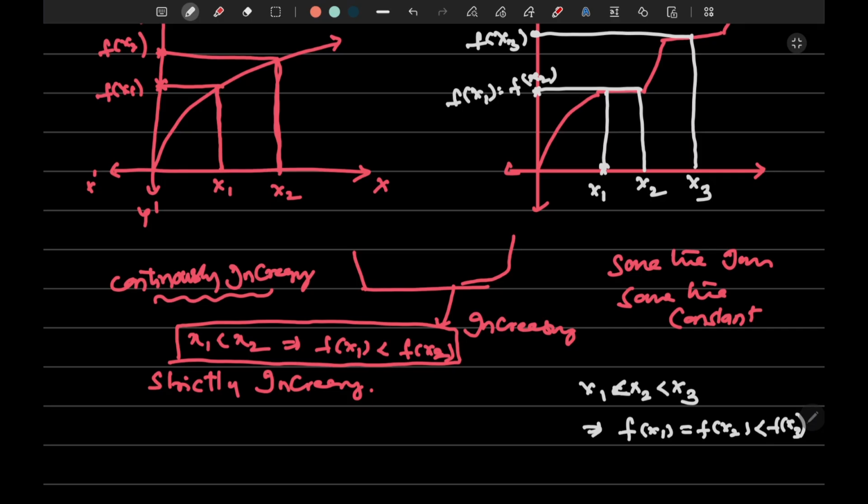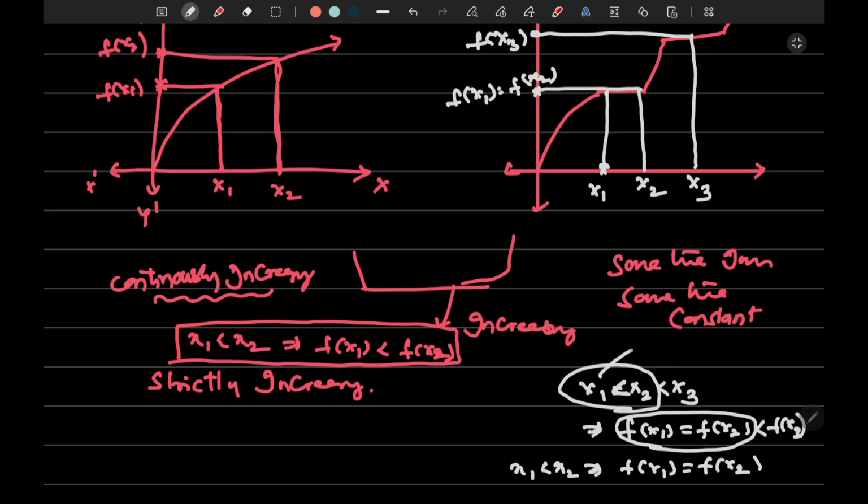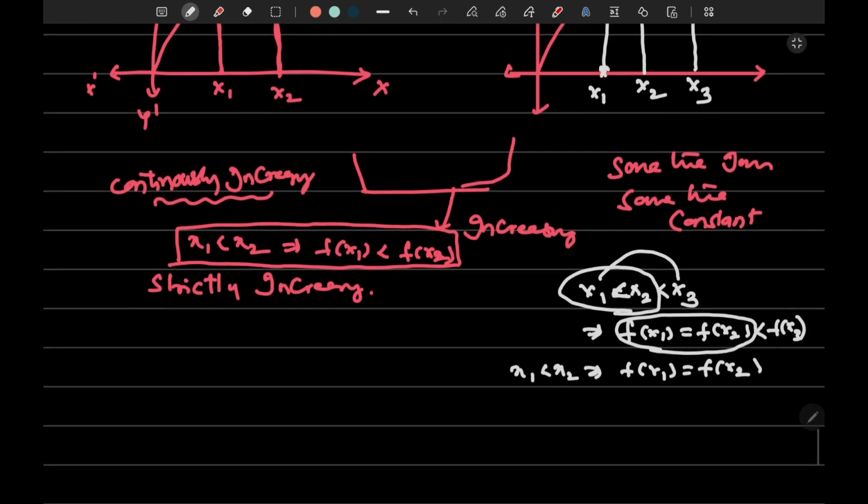Suppose I am taking these two, x1 is less than x2, function value f of x1 is equal to f of x2. Suppose I am taking x1 and x3, x1 is less than x3, function value f of x1 is less than f of x3.